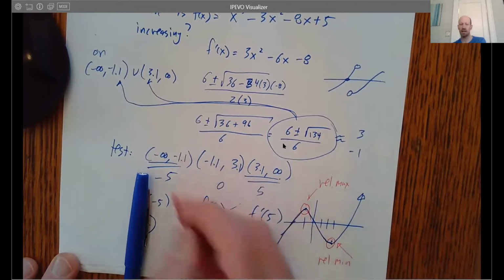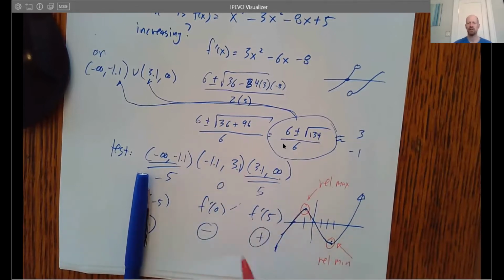So by analyzing the increasing, decreasing, not only do we get the shape of the graph, but now we're actually able to categorize whether these critical points are relative minimums or maximums. We weren't really able to do that in 4.1. We could test the critical points and sometimes it would tell me it was an absolute max or absolute min, but sometimes it wouldn't.